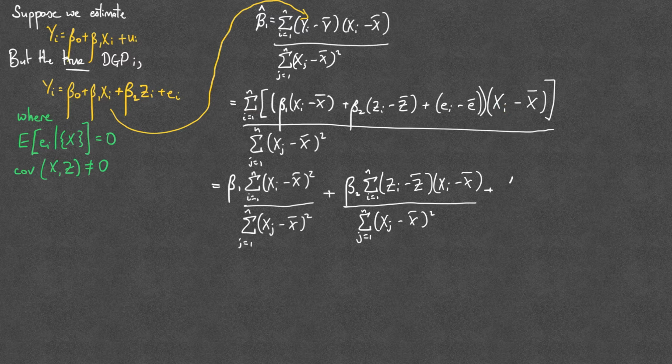So we've got the sum of ei minus e bar times xi minus x bar over the sum of the xi minus x bar squared.